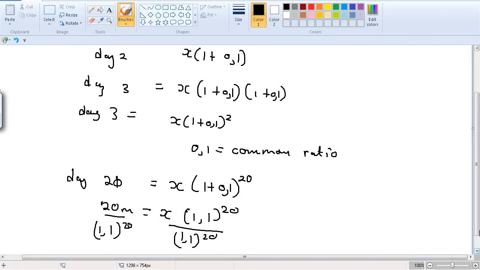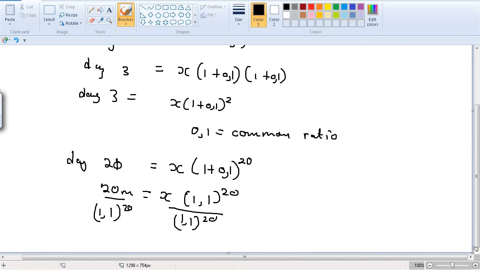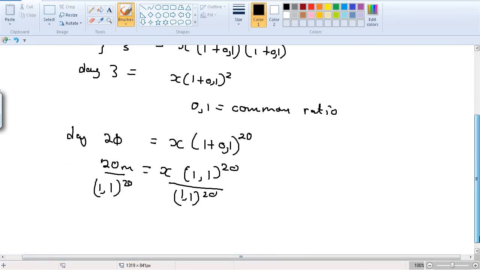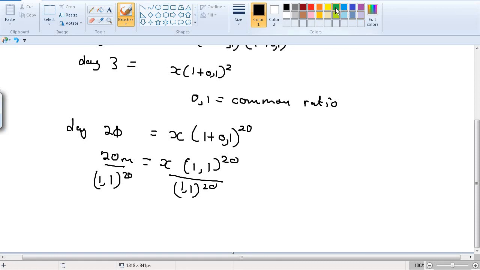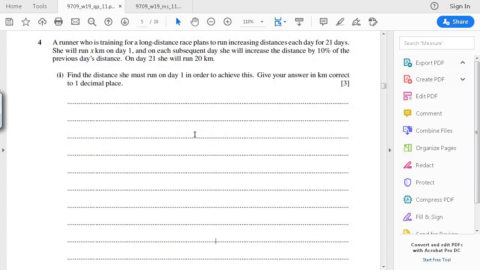This cancels out, and 20 divided by 1.1 to the power 20 gives us 3.0 is equal to x. Therefore, the distance covered on day 1 is 3.0 kilometers. That's how we get to that. Now, if we go back to the question, this is the first part. So we found that part. Let's go on to the other part.